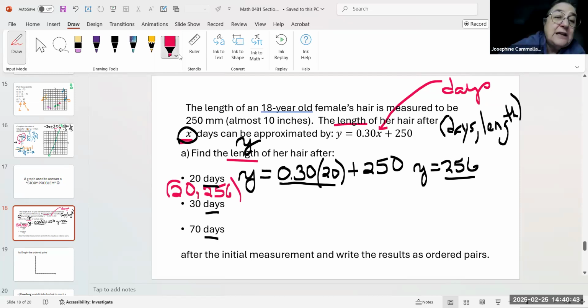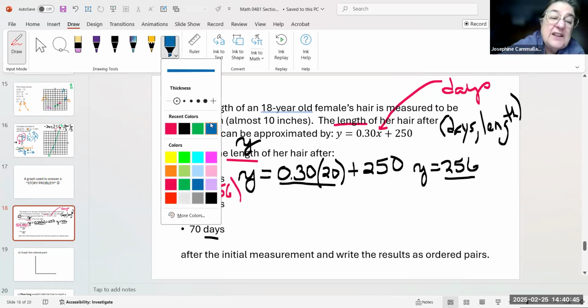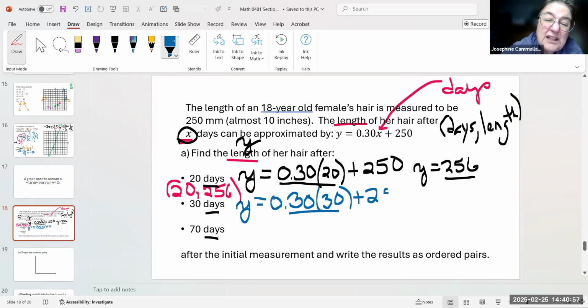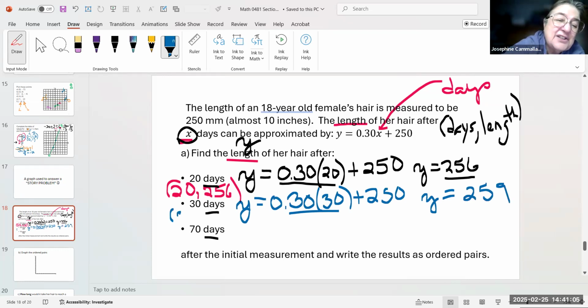Well, if we do 30, this is going to give me y is equal to 0.30 times 30. And I'm going to tell you this is 9 plus 250 is going to give me 259. This is 30, 259.